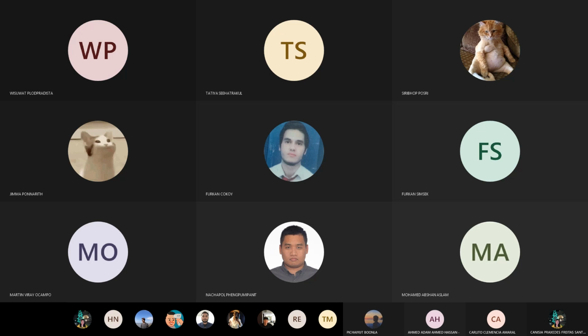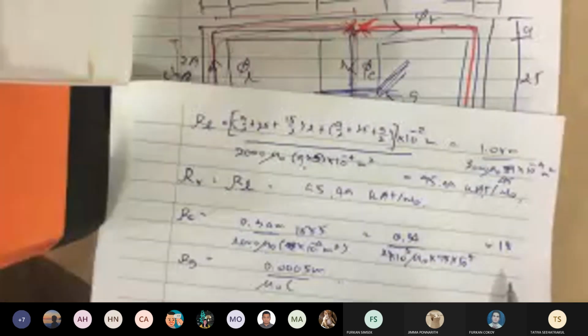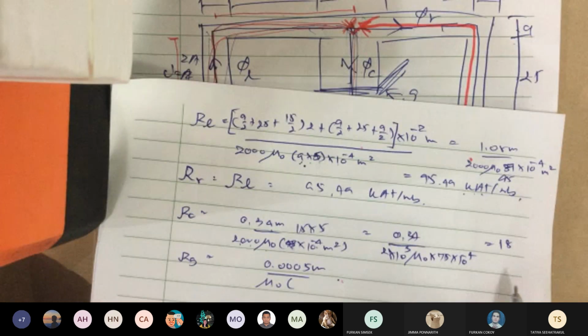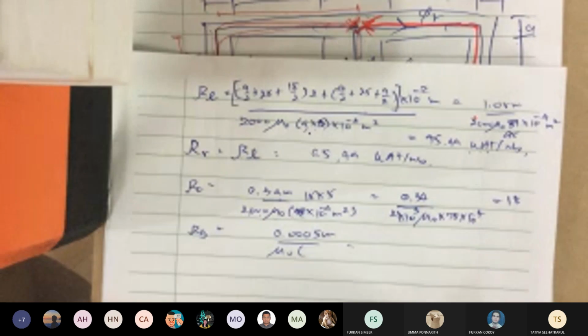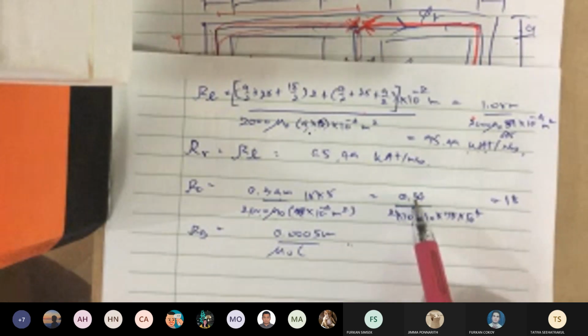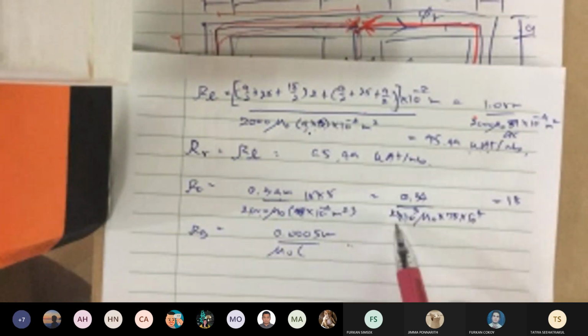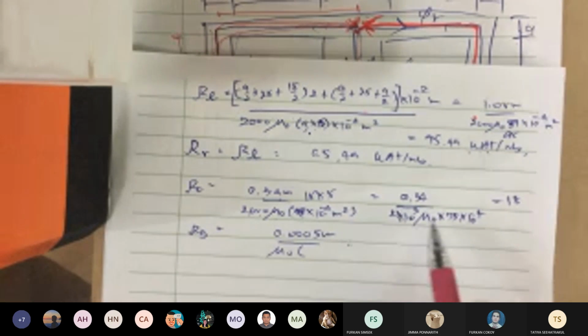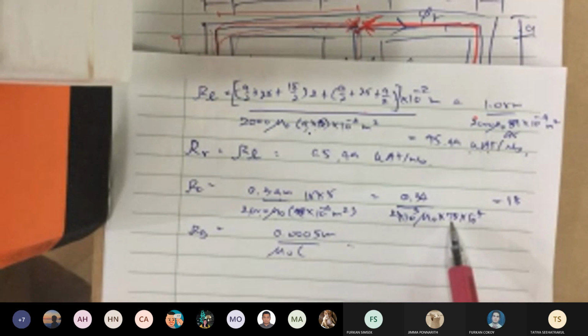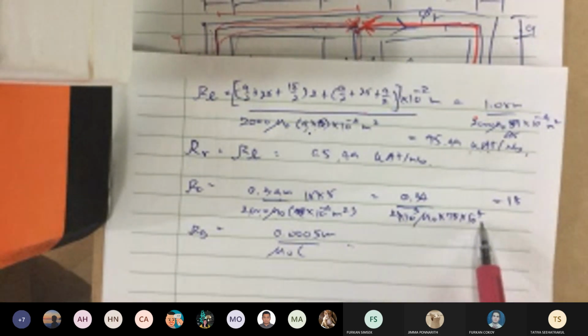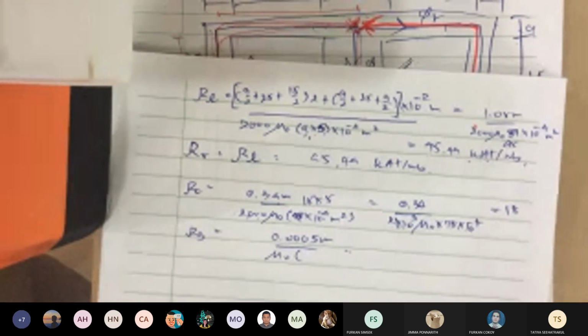Let's see. Hang on. Can you guys see my screen now? So 34 centimeters, which is 0.340 divided by 2,000 mu naught times 5 times 15, which is 75, times 10 to the negative 4th meter squared. Let me check that. 0.34.